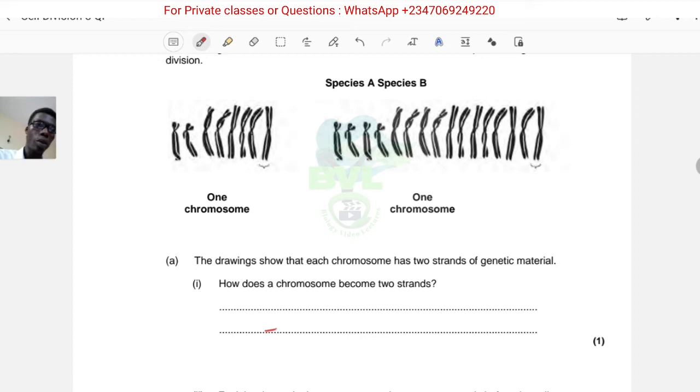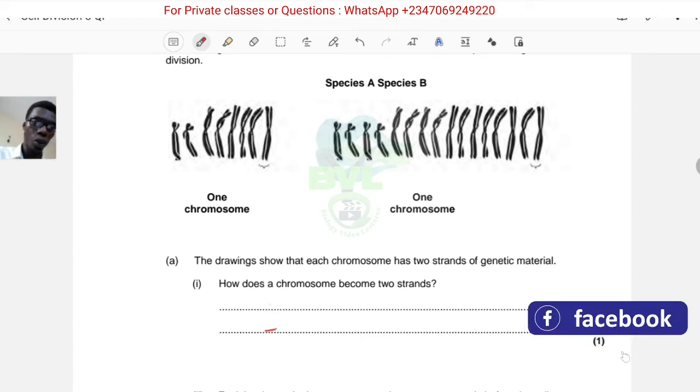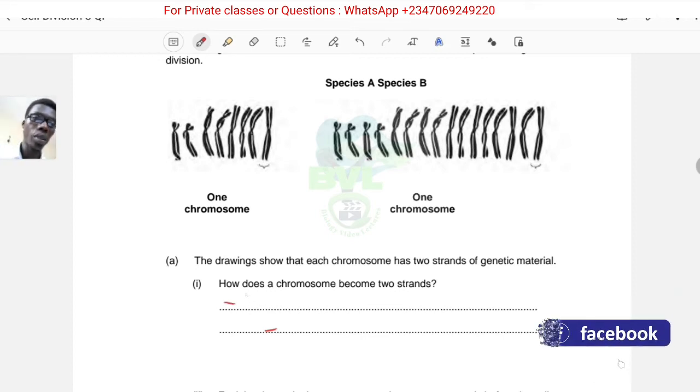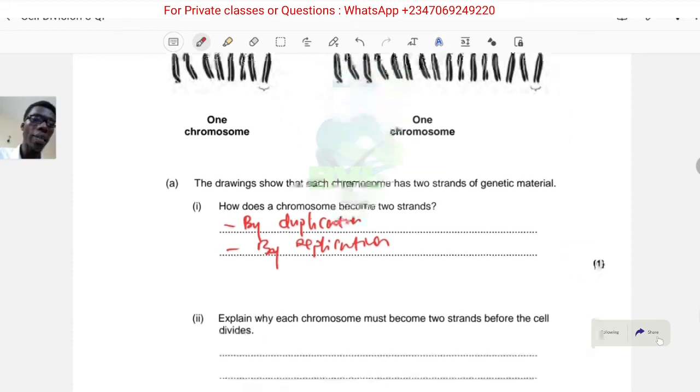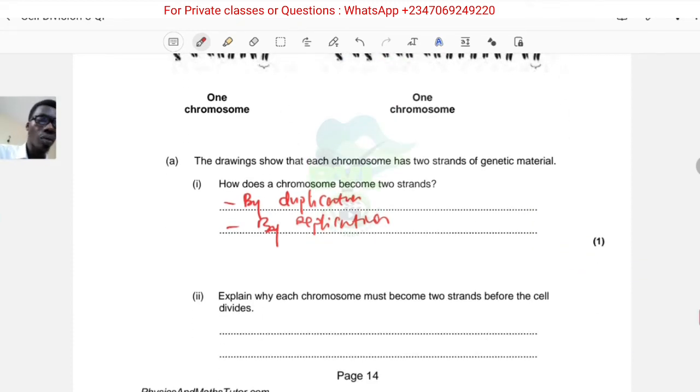How does a chromosome become two strands? By duplication, or you can say by replication, or you can say it replicates or it duplicates.